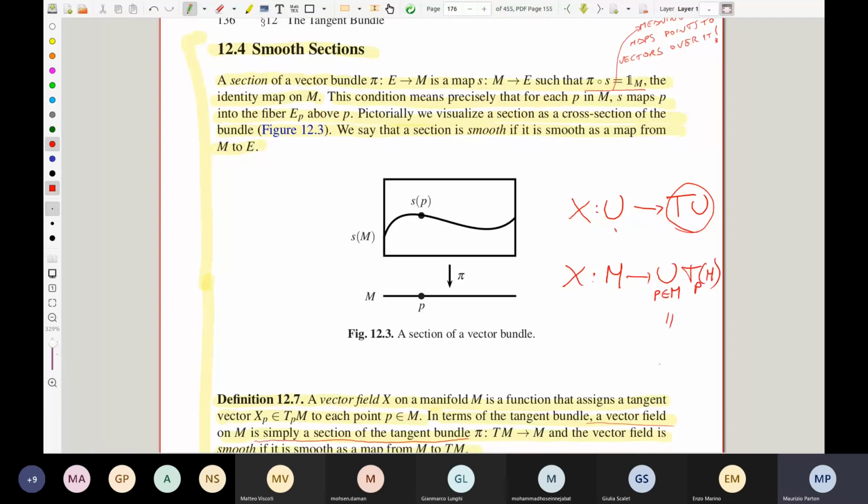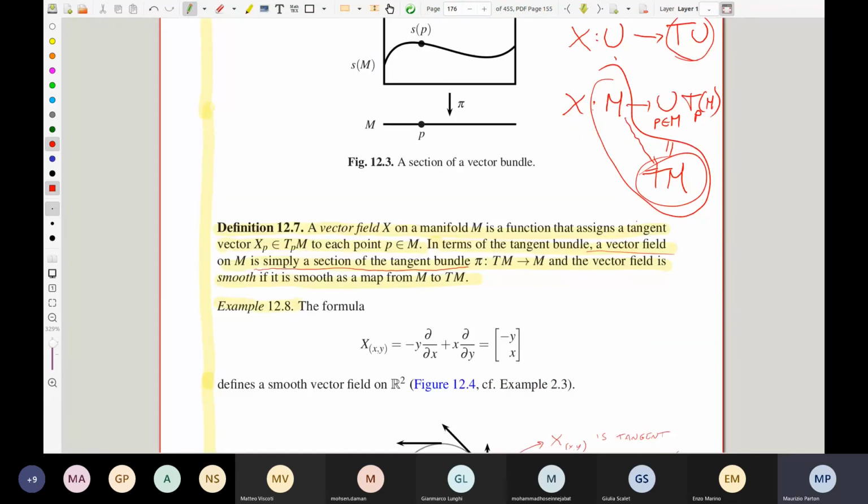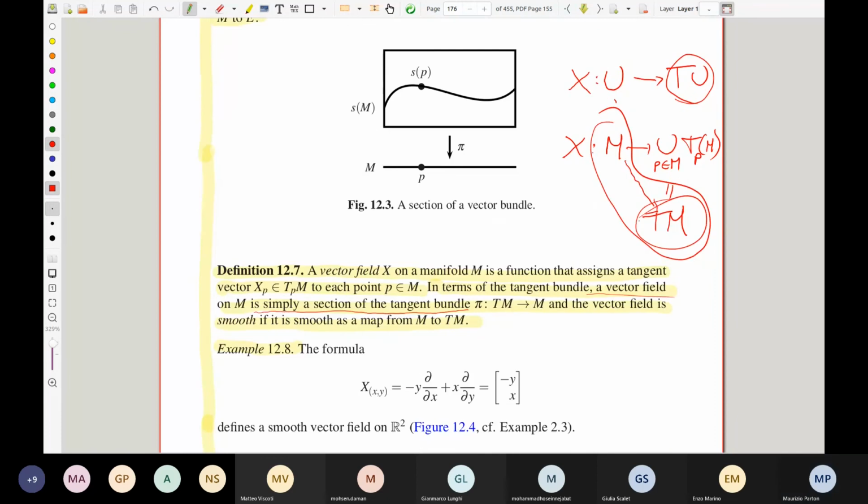This is what is called briefly the tangent bundle to M. Okay, so a vector field is a map from M to TM, to the tangent bundle. Now the tangent bundle is a differentiable manifold. And now we can say that the vector field is smooth if it is smooth as a map between differentiable manifolds.